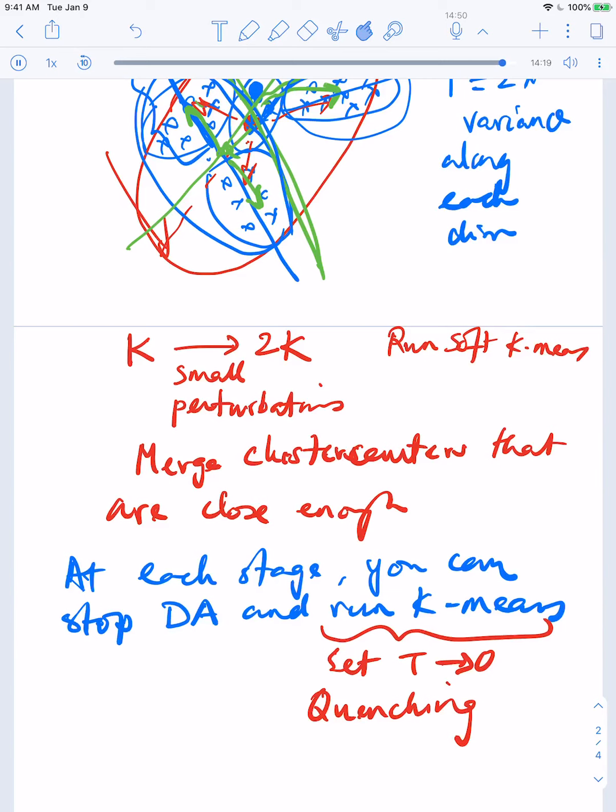If you have a target number of clusters, once you get to that target using deterministic annealing, you can quench. So there are a bunch of ways in which you can stop. This is a very high level overview of deterministic annealing that hopefully should be enough if you choose to implement it. But there's so much more you can delve into, and I suggest the 1998 paper by Professor Rose as a very good starting point. So I'll stop here.